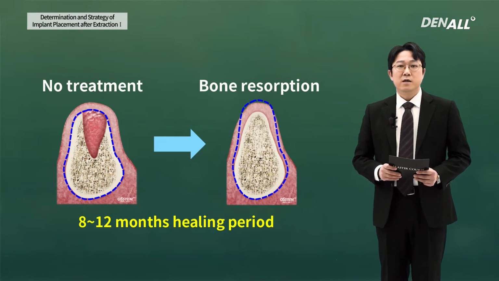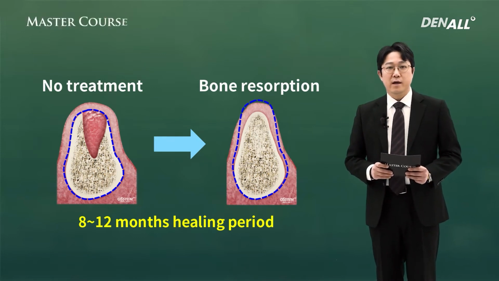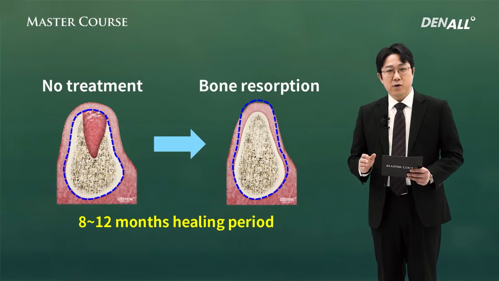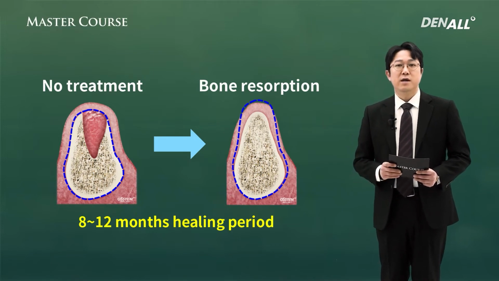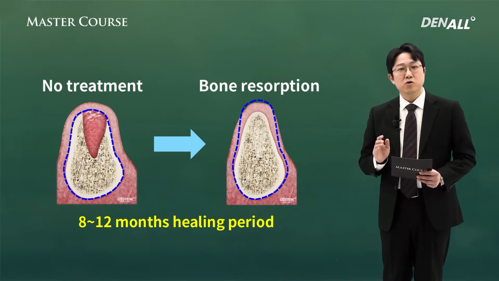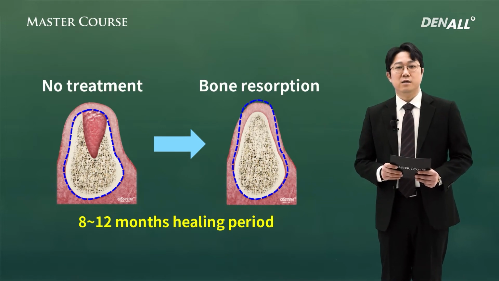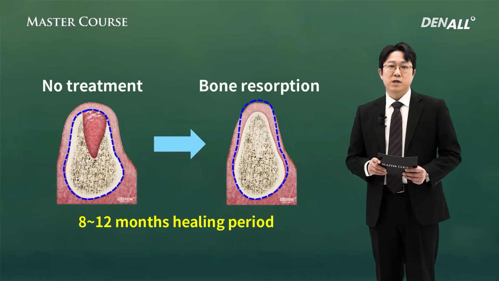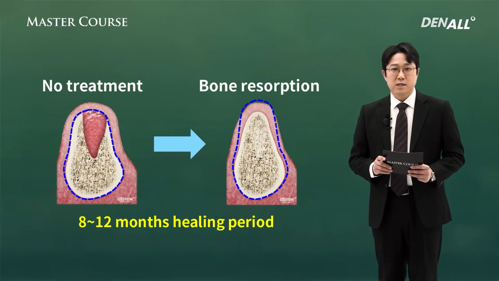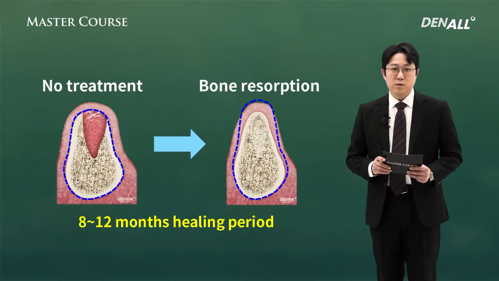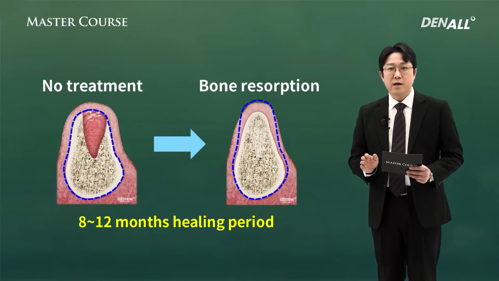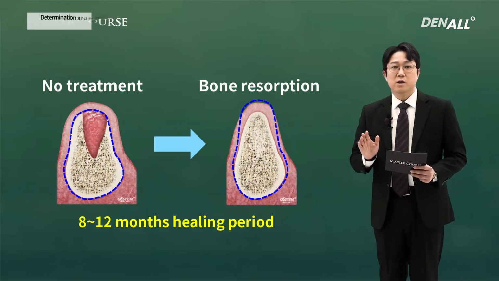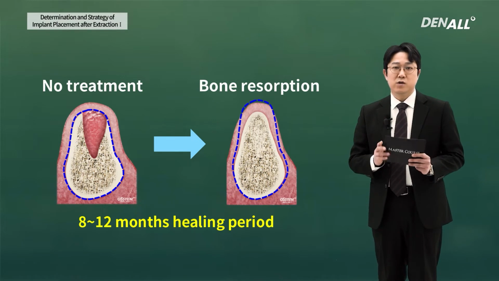First, bone must be filled in the socket to gain good initial stability when you place the implant. Second, the two-stage surgery was the basic protocol in those days, so sufficient healing of the gingiva was necessary for primary closure after surgery.